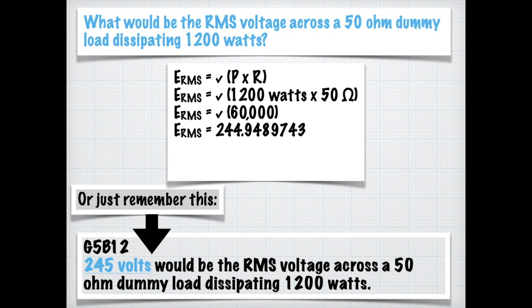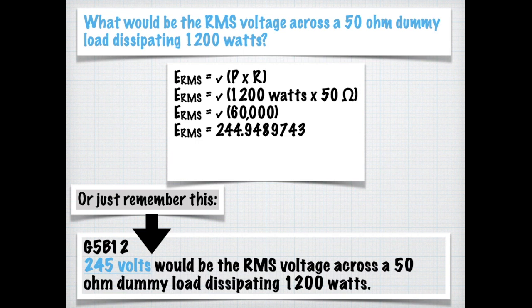You'll find on the exam a question that says, what would be the RMS voltage across a 50 ohm dummy load dissipating 1200 watts? To resolve that, we need to find the voltage RMS. So to do that, we have to take the square root of power times resistance.